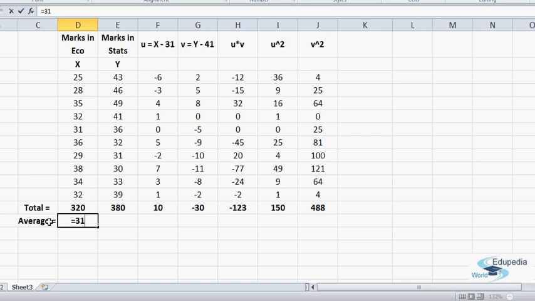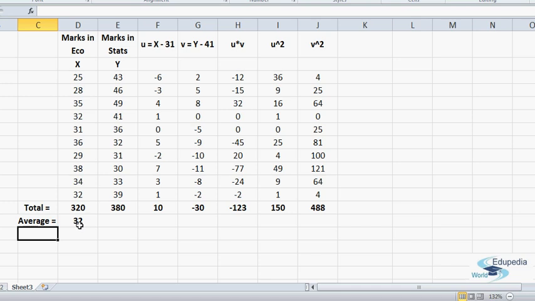We have a as 31, so a plus summation of u, which is 10, divided by the total number of data. We see here we have 1, 2, 3, 4, 5, 6, 7, 8, 9, 10, so that's also 10.